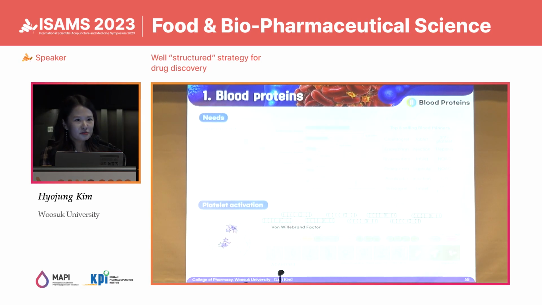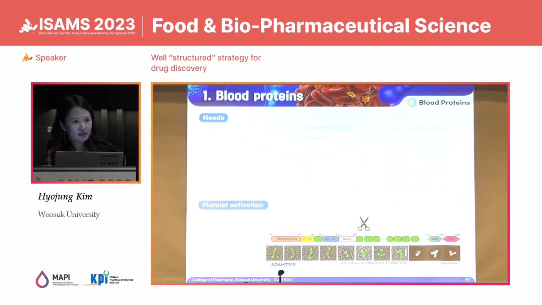When we look closer at the platelet activation step, we can see the platelets stick together using a glue, which is the von Willebrand factor. We can call it, in short, VWF. And that glue is cleaved by the scissor protein, ADAMTS13. And ADAMTS13 only activates when VWF is activated.